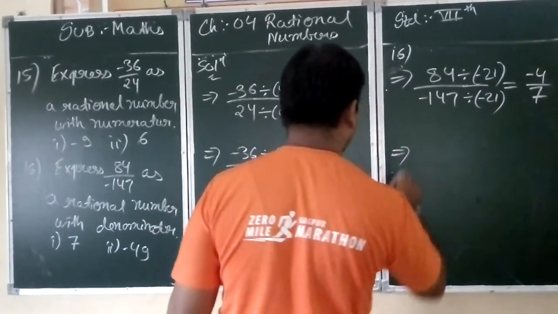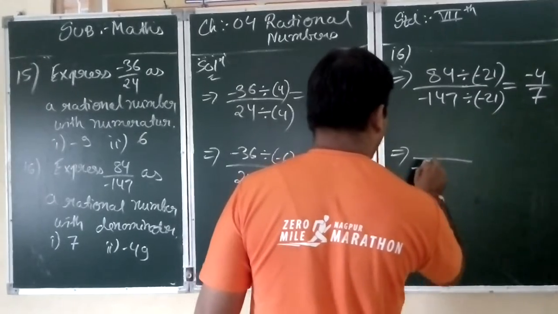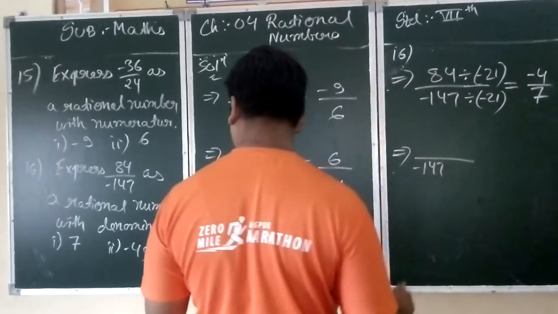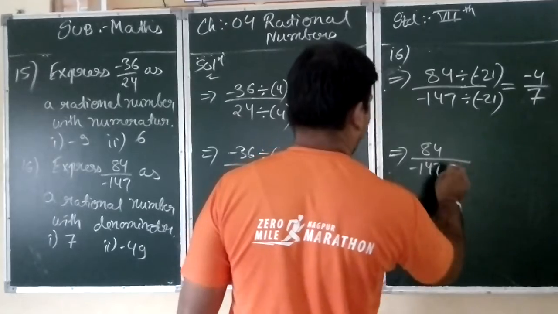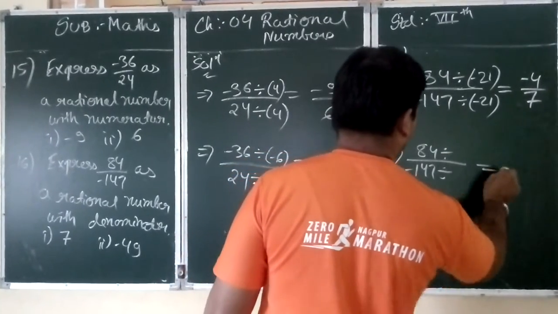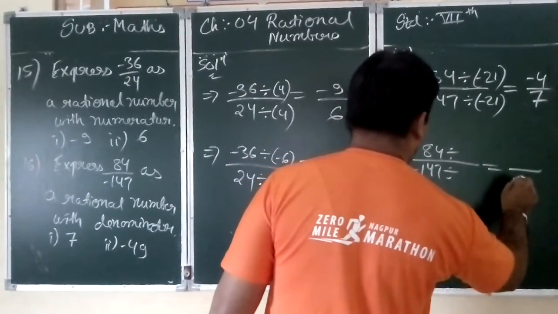Second one: minus 147 by 84. Now here we want minus 49.